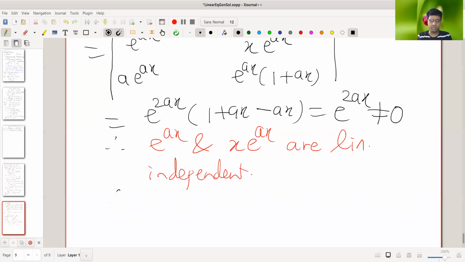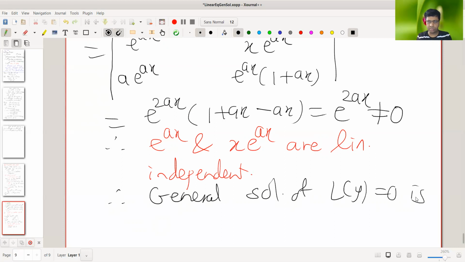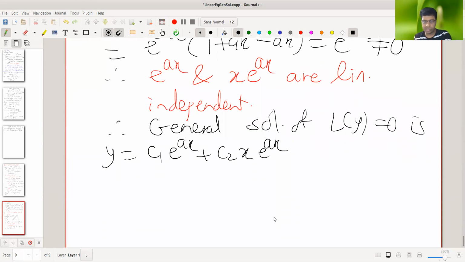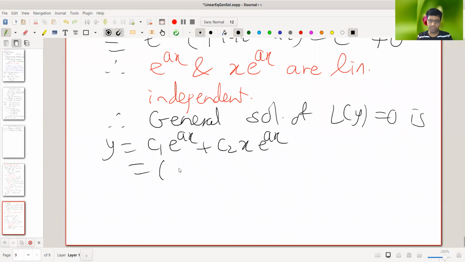Therefore, the general solution of L of y equal to 0 is y equal to c1 e raised to ax plus c2 into x e raised to ax, or we can write this as c1 plus c2x into e raised to ax.